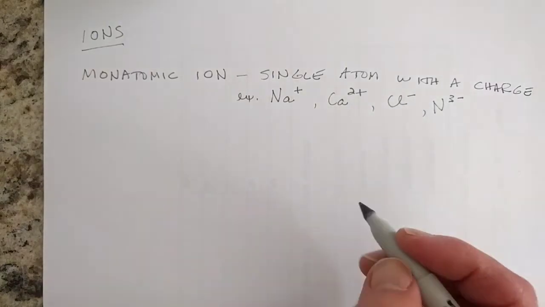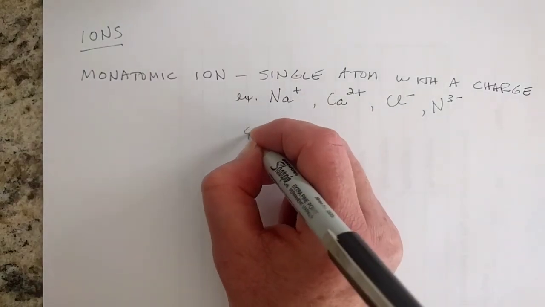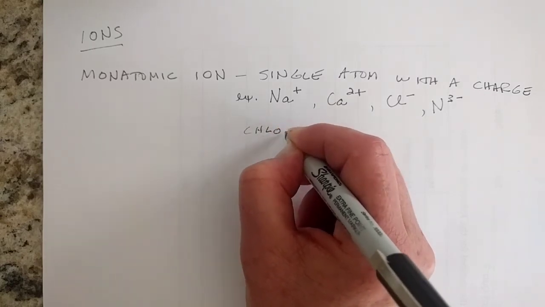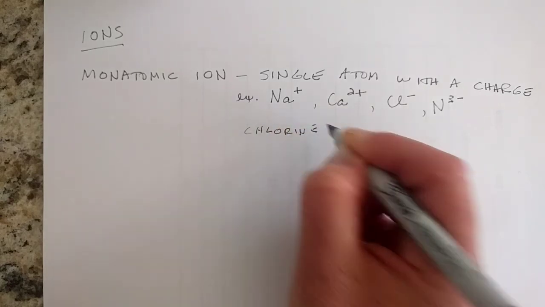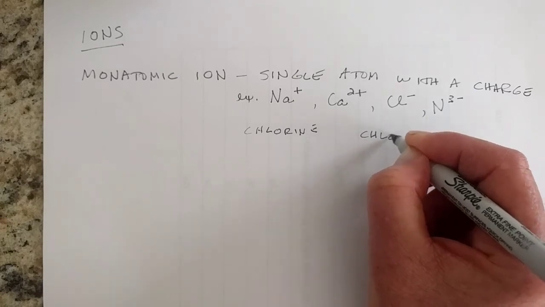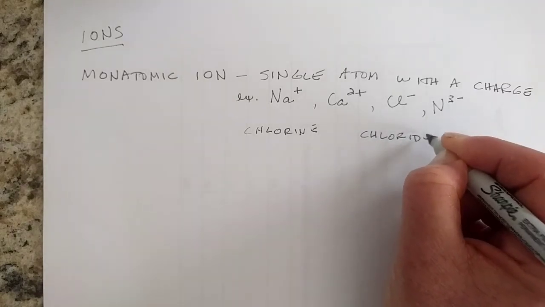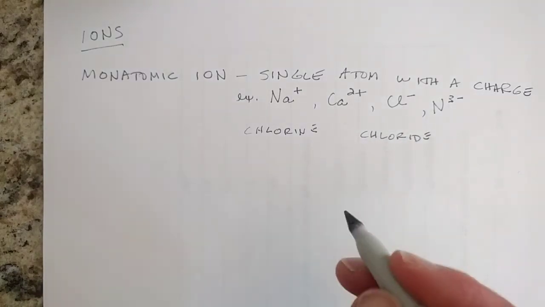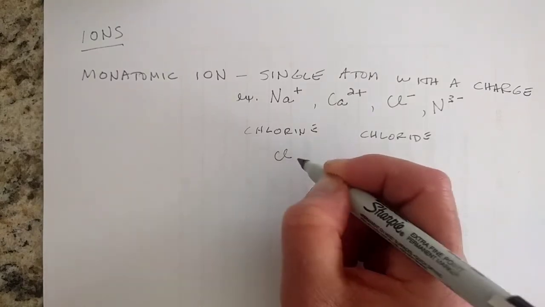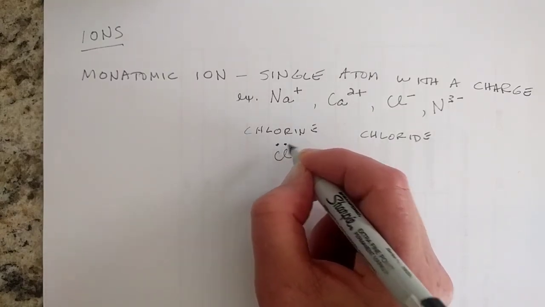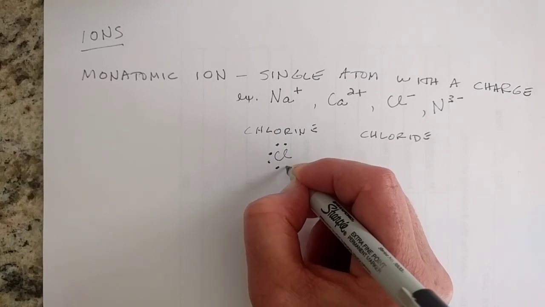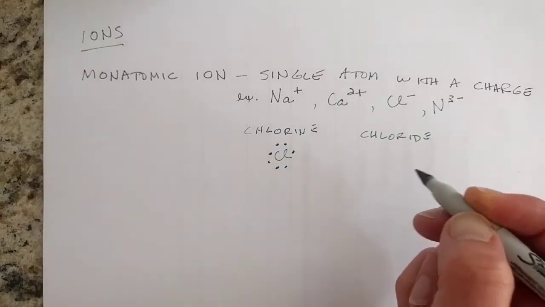So let's take chlorine, for example. So if we look at chlorine versus chloride, in terms of their electron dot structures, so chlorine is in group 17. It has 7 valence electrons.